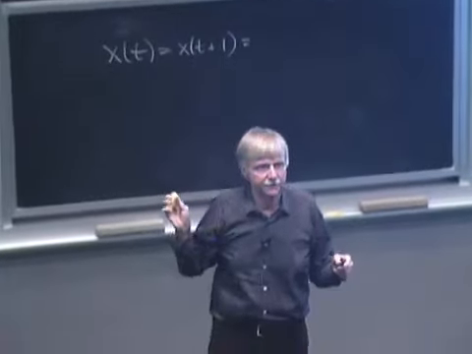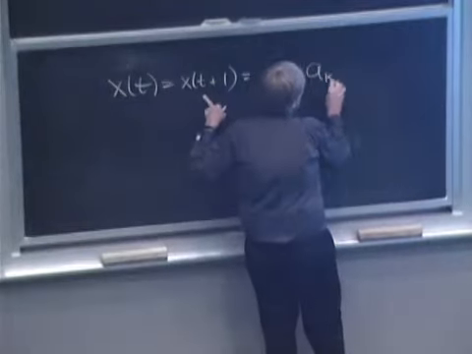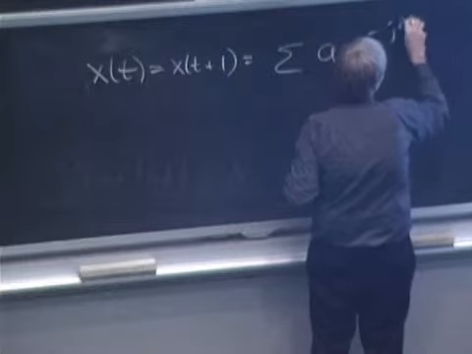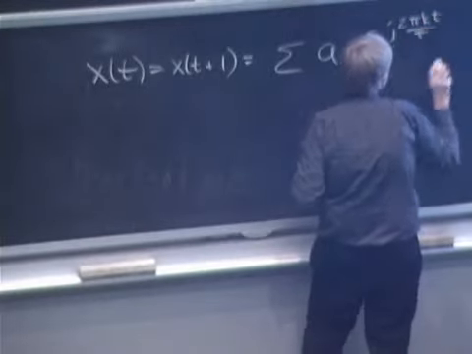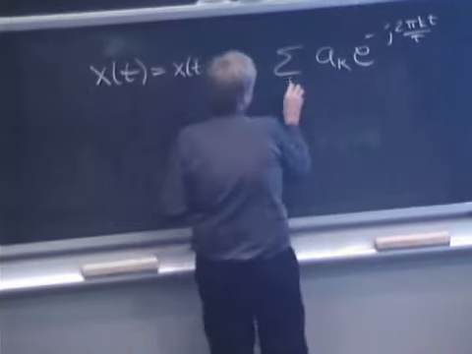So what do I write next? I want to say that this signal can be represented by some sum of something, and I'm going to have to put some weights in. And I'm going to want something like e to the minus j 2 pi k t over T, something like that. And I'm going to need a whole bunch of these.